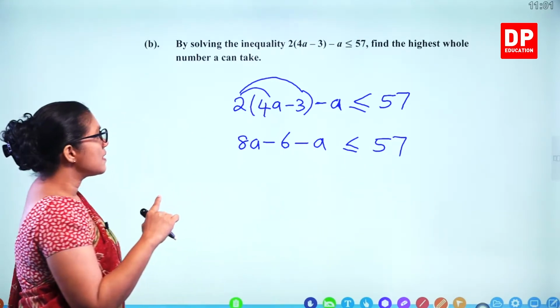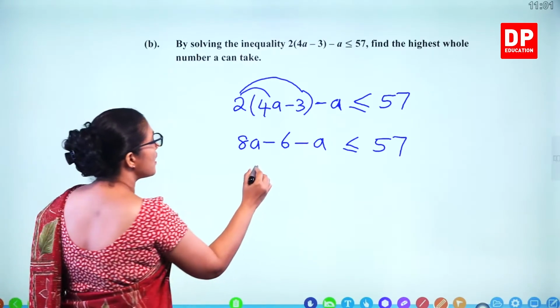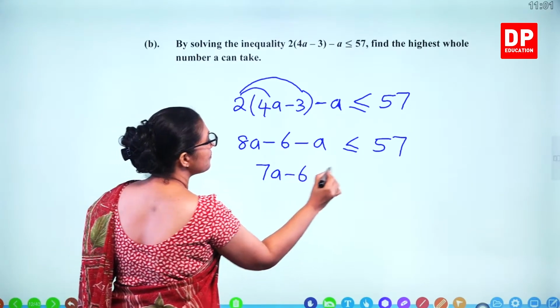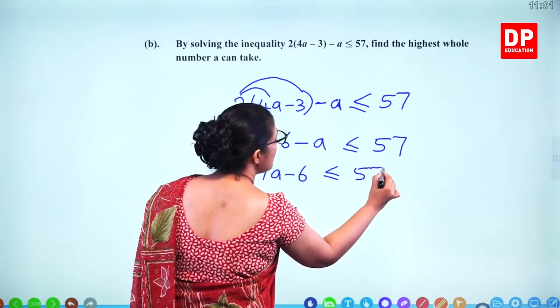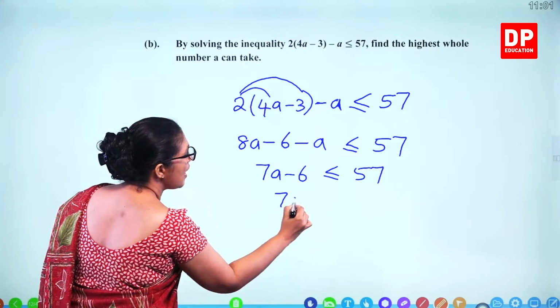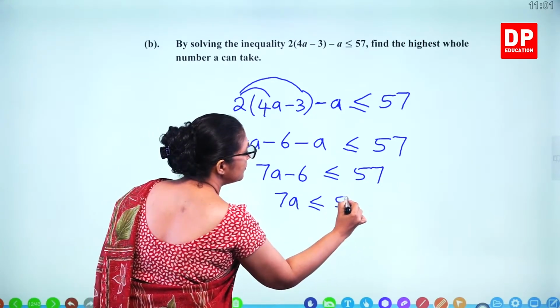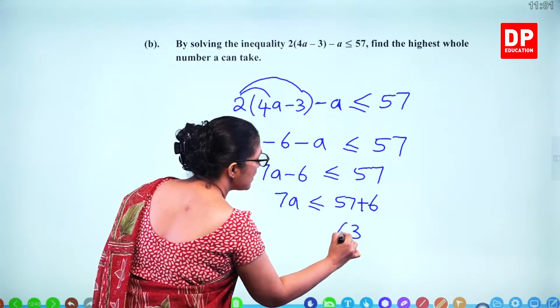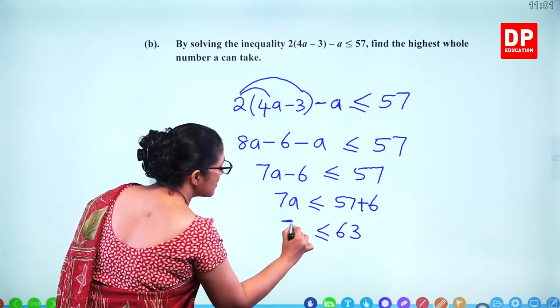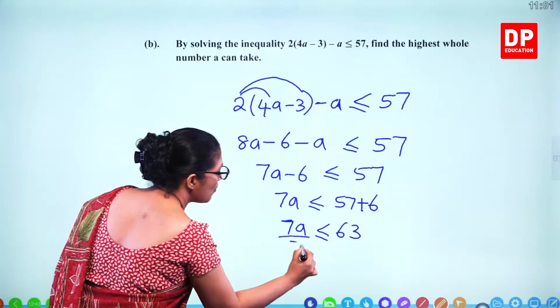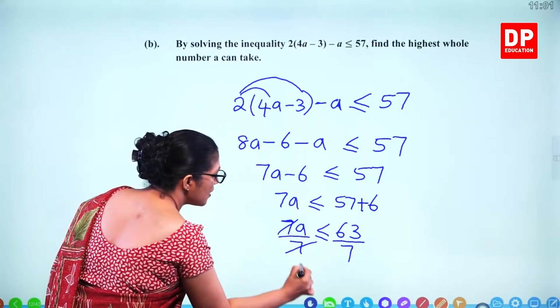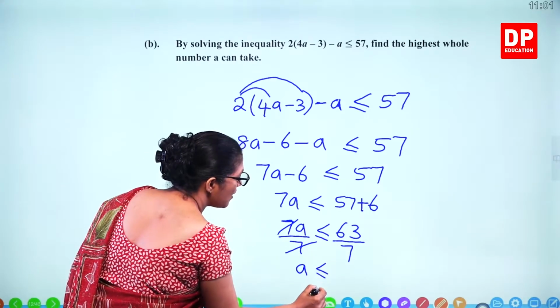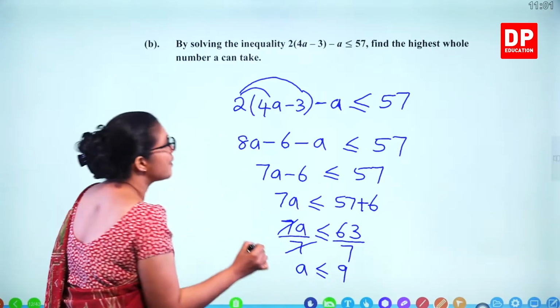Now add the like terms, 8a minus a. You get 7a. Take 6 to the other side. Minus 6 becomes plus 6. 57 plus 6 is 63. So 63 is 7a. Divide both sides by 7. You get a is less than or equal to 9.